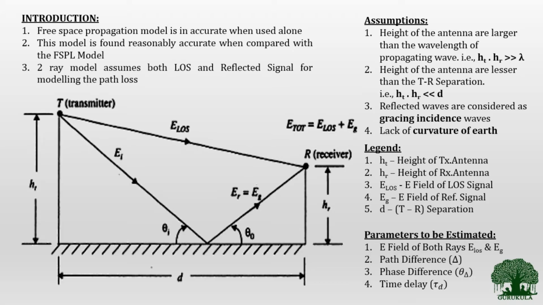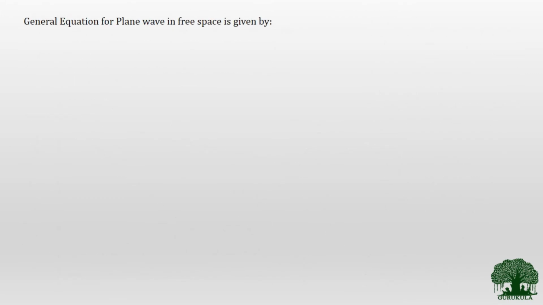First of all, we will find out the E field for both the line of sight signal and the reflected signal. In order to do so, it will be easy to start by representing the general equation for a plane wave in free space.